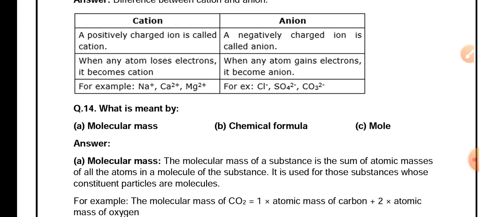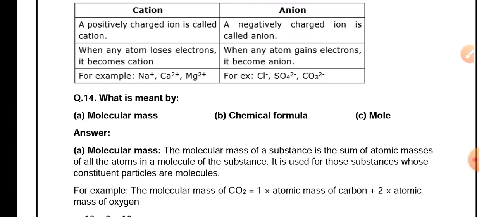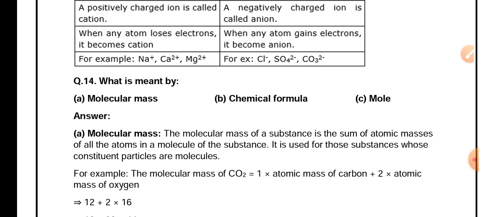What is meant by molecular mass, chemical formula, and mole? Molecular mass: the molecular mass of a substance is the sum of atomic masses of all atoms in a molecule of a substance. It is used for those substances whose constituents are present as molecules.